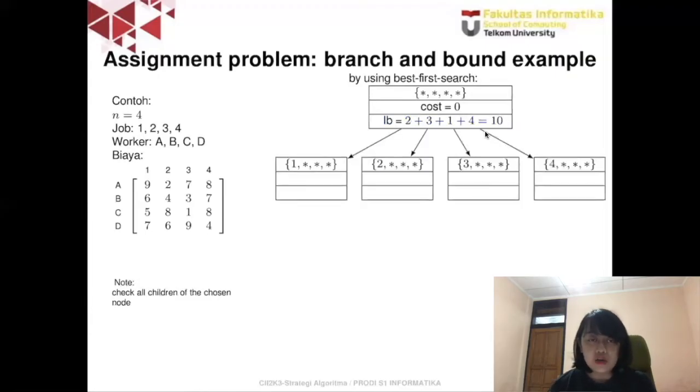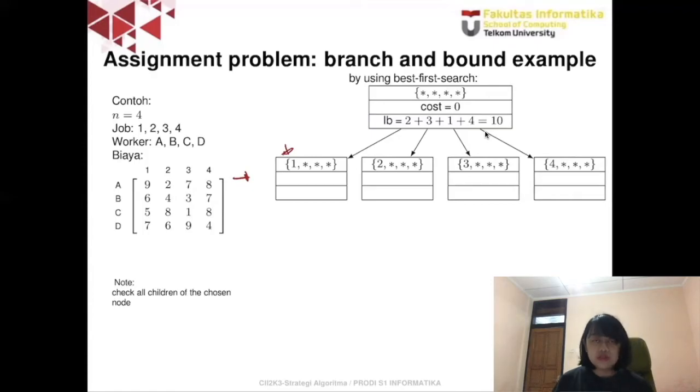And then we check all children of the chosen node. So it will have 4 children because the first level is to determine the job that will be given to worker A. So worker A can be given job 1, 2, 3, or 4. So let us check the first option first.